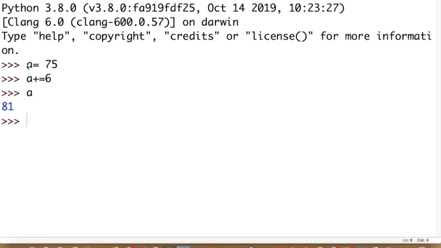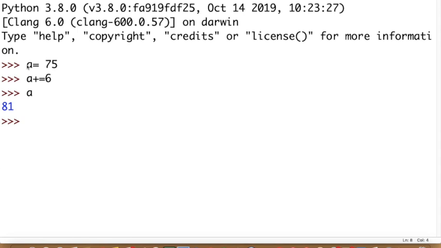as it is immutable. So now let us go to the next few steps, which are A minus equal to 2, A multiply equal to 3, A division equal to 2, A floor division equal to 4, and A exponent equal to 2.